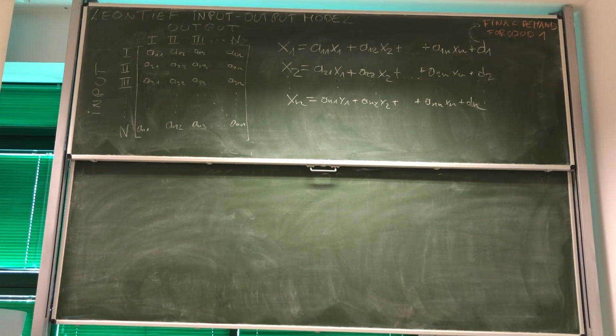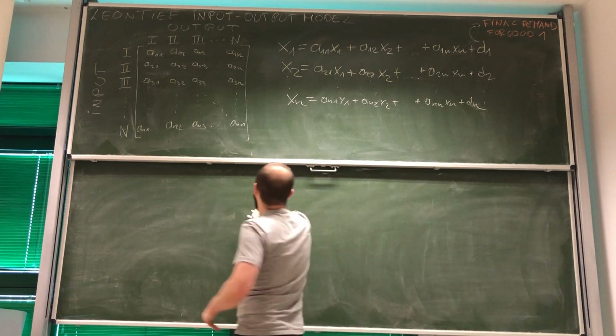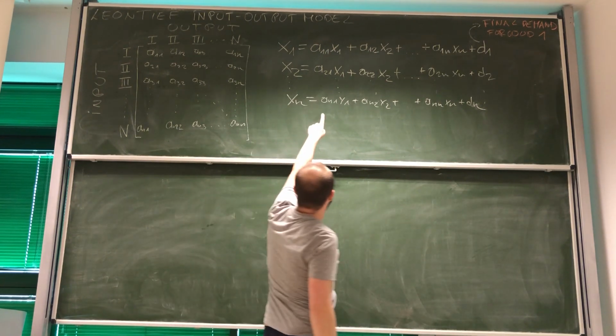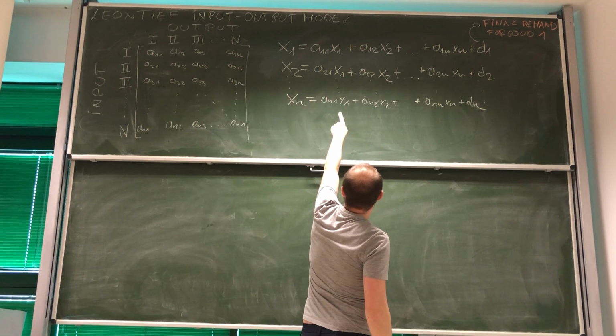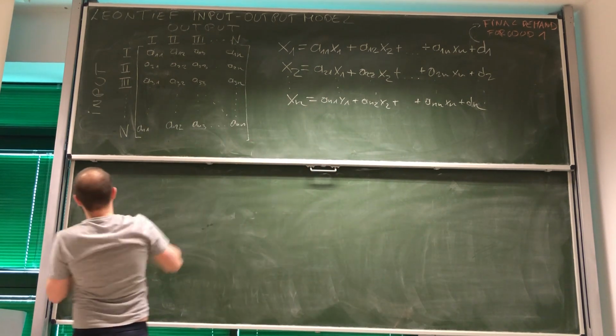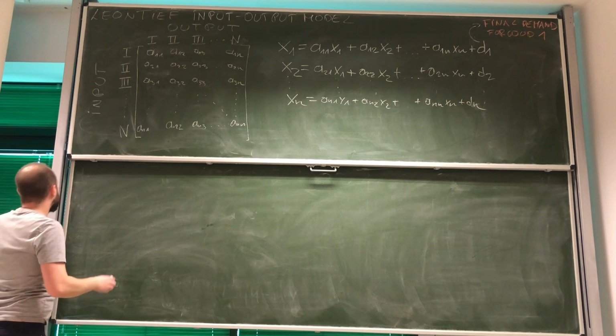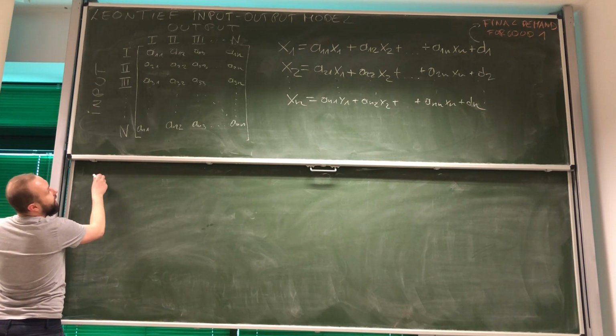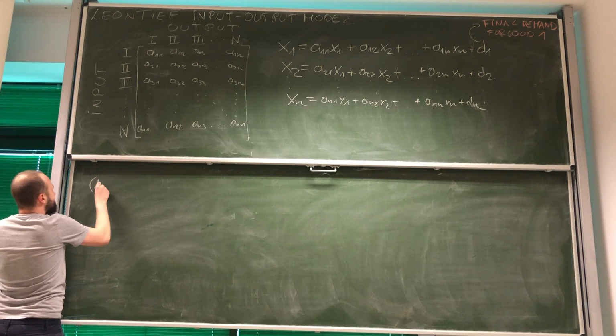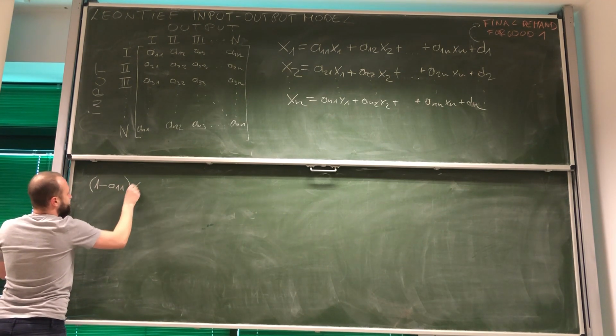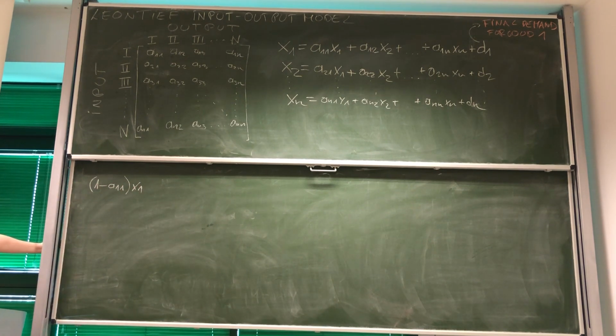So what we can do right away, after what we said, is to put all the expressions with x's on the left-hand side and all the expressions with d just leave where they are. Let's see what is happening. First I'm going to subtract a11 x1 from x1. So I'm going to get 1 minus a11 times x1.